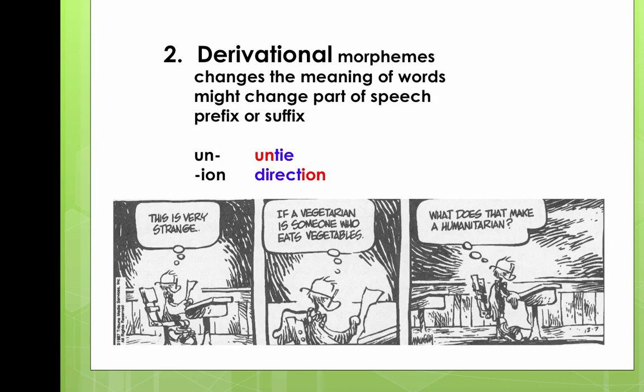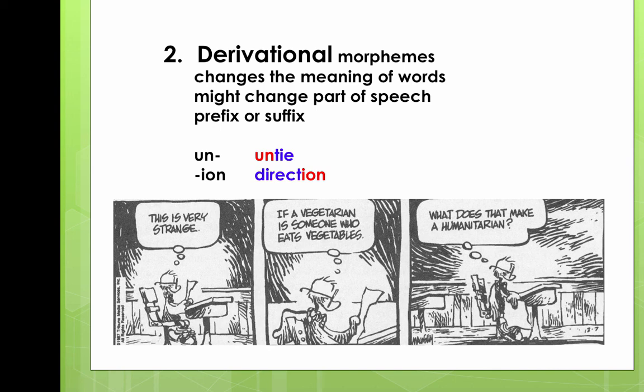The second kind are derivational morphemes. Derivational morphemes change the meaning of words. They might change the part of speech, and they can be a prefix or a suffix. So we can see this first one is a prefix, un, can go to untie, and it is a derivational morpheme because it is changing the meaning.